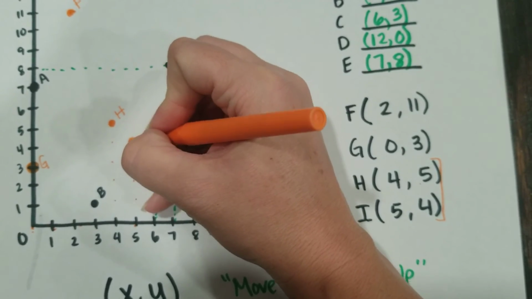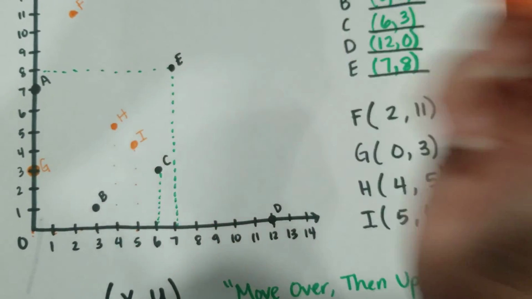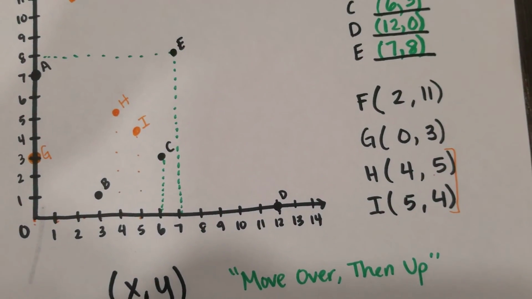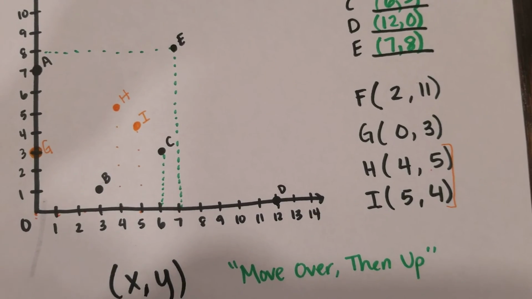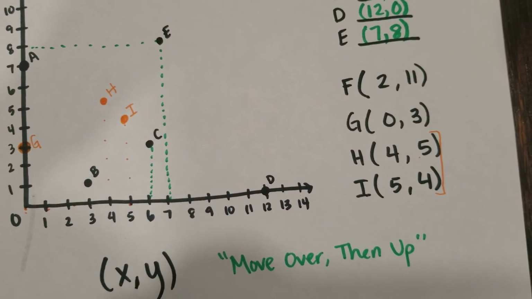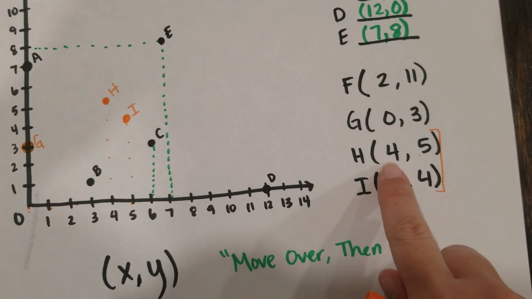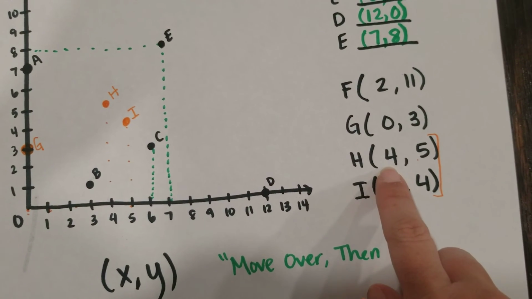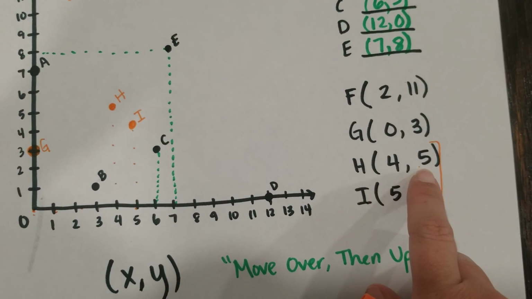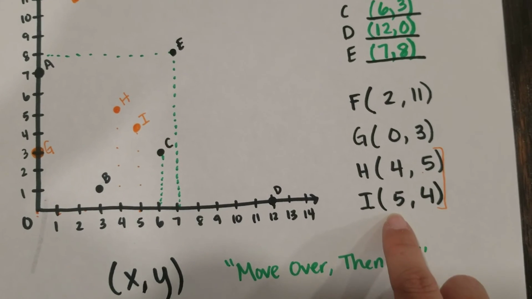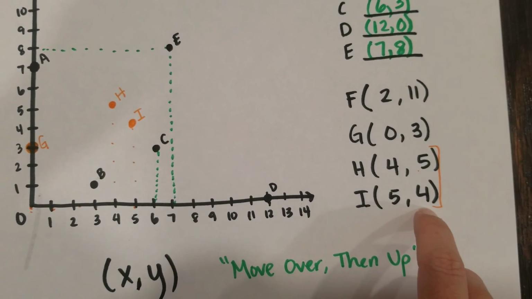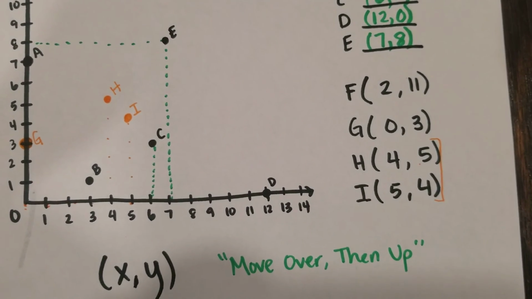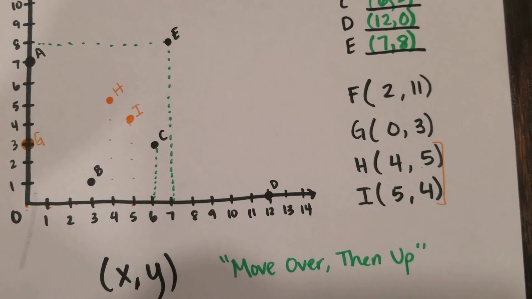So I is going to be right here. All right, so there's H and I. They are not in the same spot. They both had 4 and 5 as coordinates, but 4 was X and 5 was Y for H, while 5 is X and 4 is Y for I. So they are different plot points, or different locations.